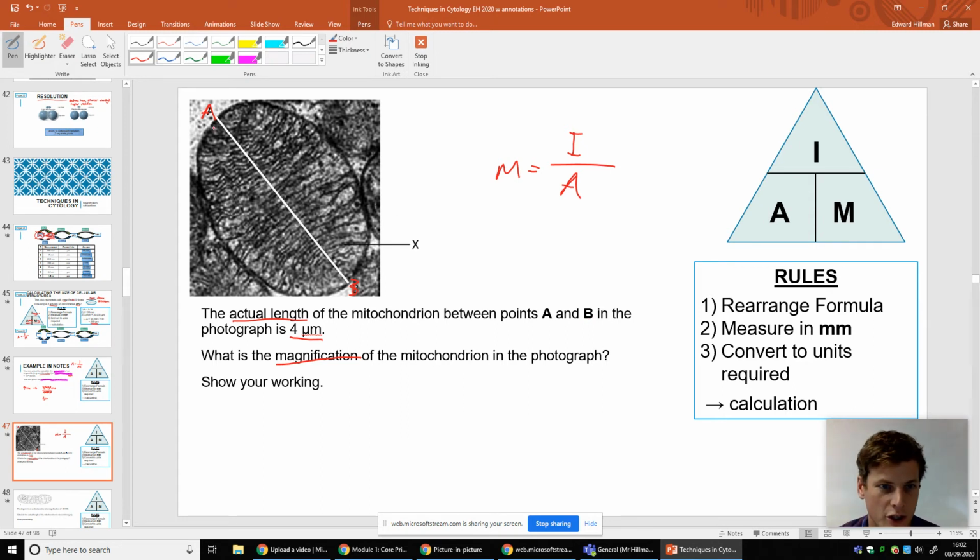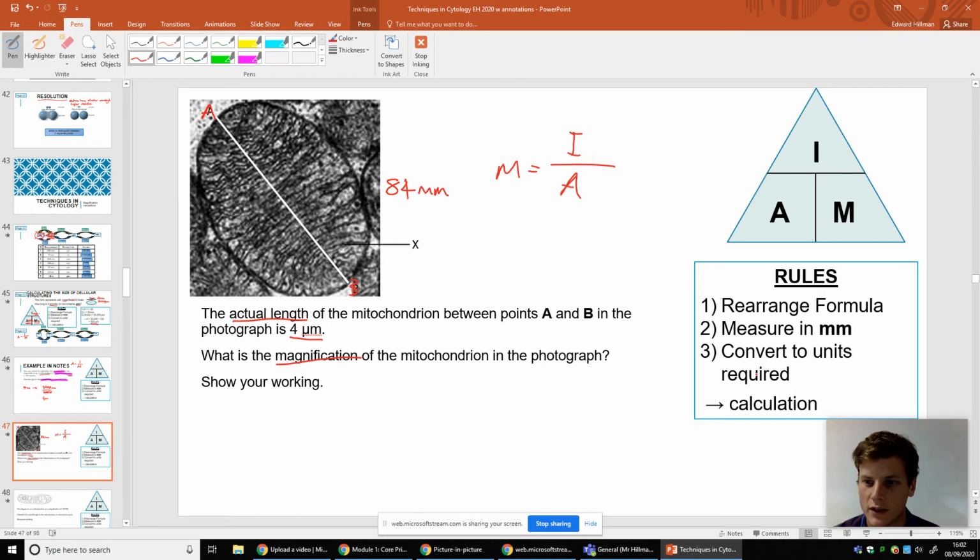Now if you had used your ruler with this diagram, you'll find that if we measure in millimeters, it's 84 millimeters from point A to point B.